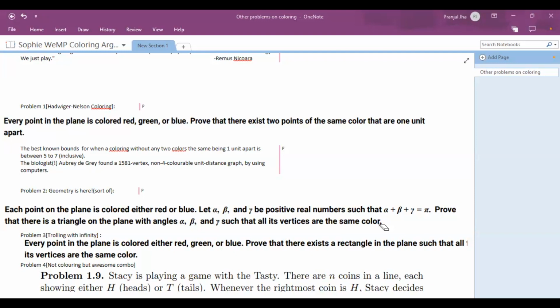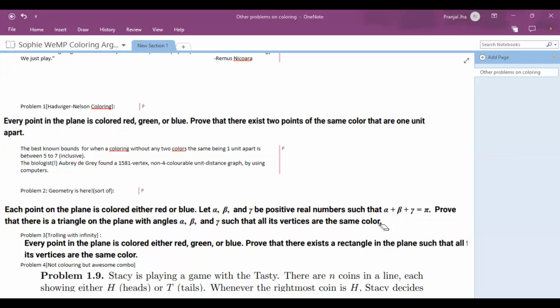So once you're done reading the problem, just tell me. Just read and say done or something.